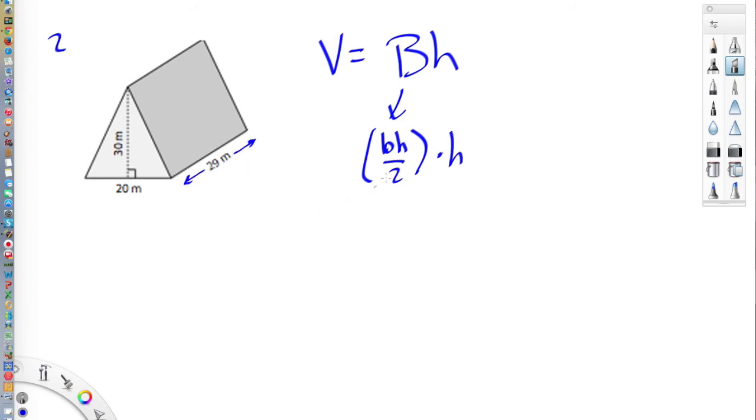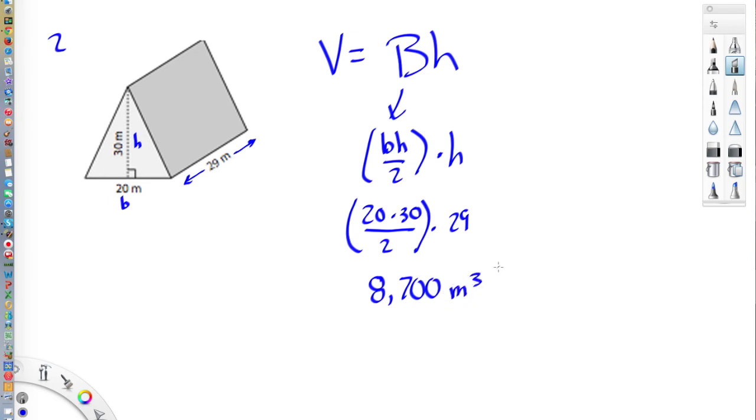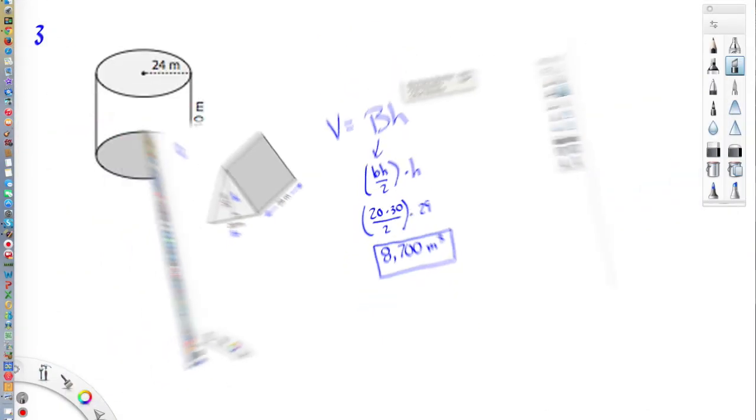The base of that triangle is 20, the height is 30, divided by 2, and the height of my prism is 29. When I do that, I get 8,700 meters cubed. That is the volume of this prism. Pretty easy, guys.